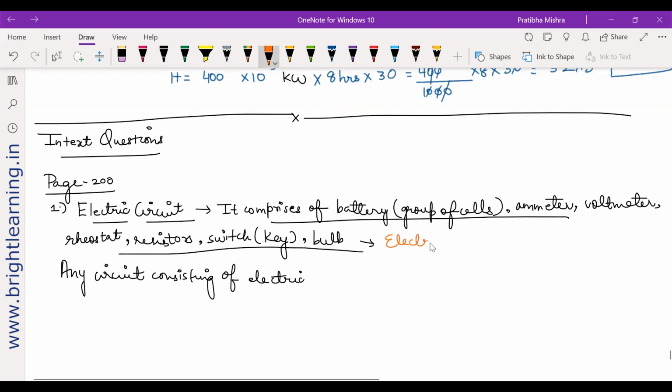If you have a group of so many electrical devices which are either connected in series or parallel, don't worry about that. So any circuit consisting of electric devices, then you can also write along with the source of energy. Source of energy is very important.